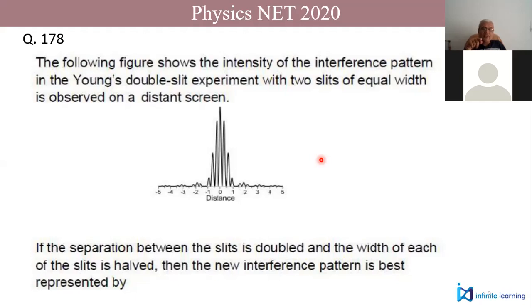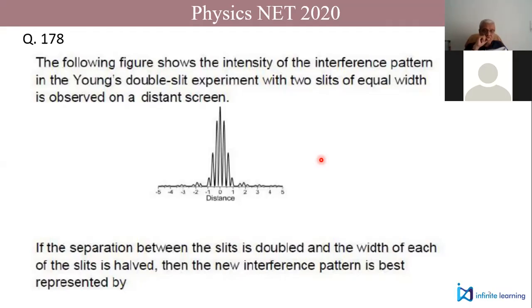So what you are doing is you have doubled the separation between slits. Therefore, your fringe width will become half. You get what I'm saying? Right.